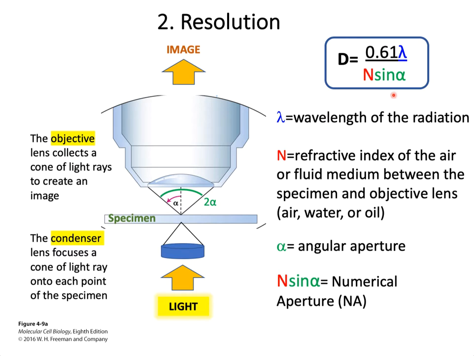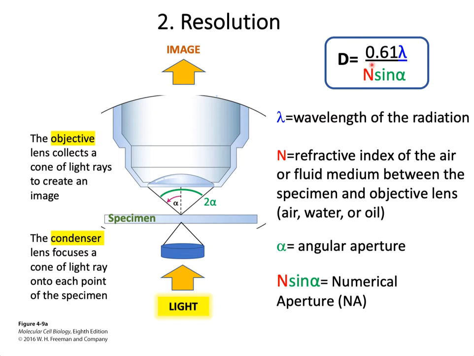The resolution is directly proportional to 0.61 lambda, the wavelength, where 0.61 is a constant in this formula. The resolution is inversely proportional to the numerical aperture, or n sine alpha.